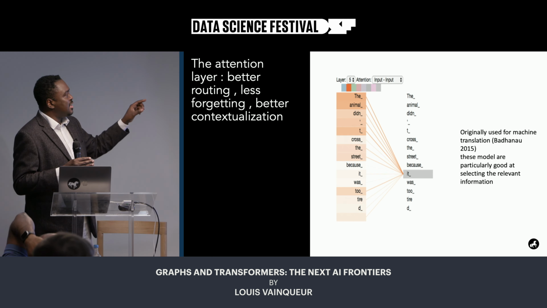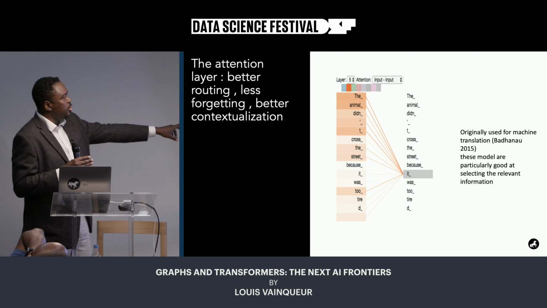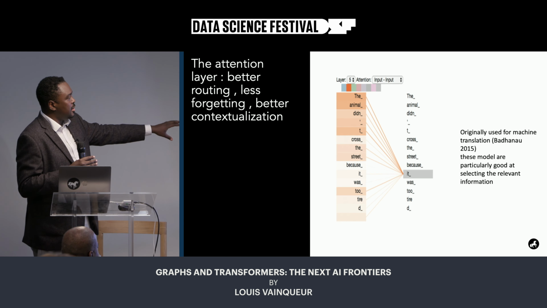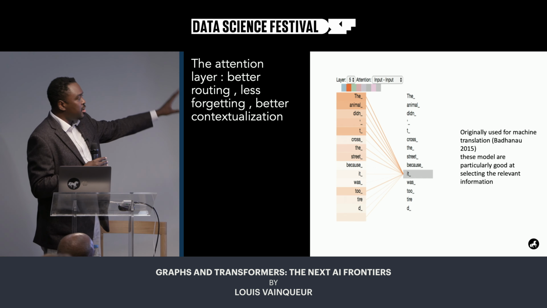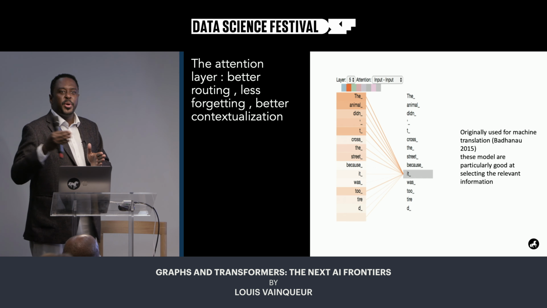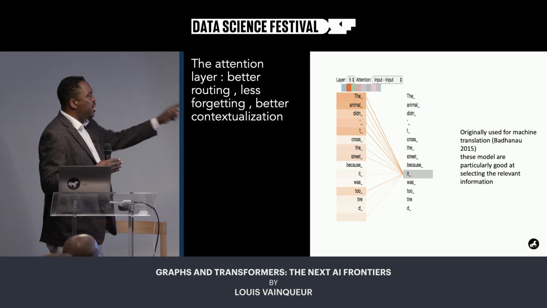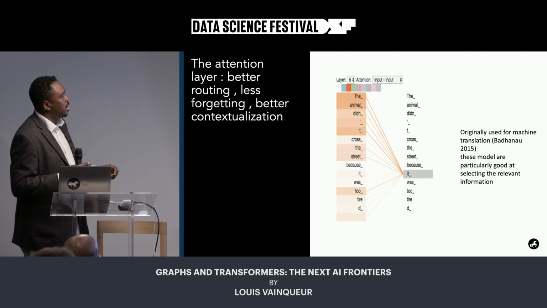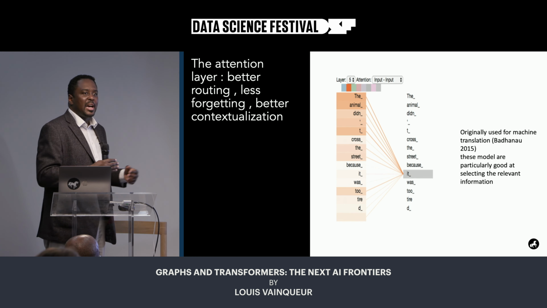And so what you see are those links between the word we are looking at now, which is "it", and it's weighting the importance of all the words compared to the word we are looking at now. And so the word that will be more important will have a higher importance. That's what attention is about.